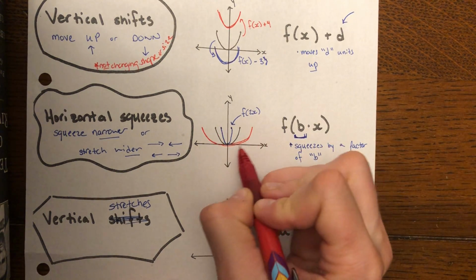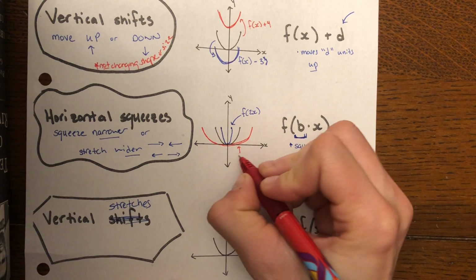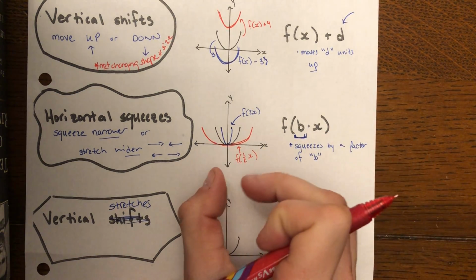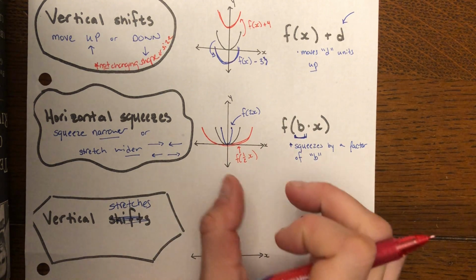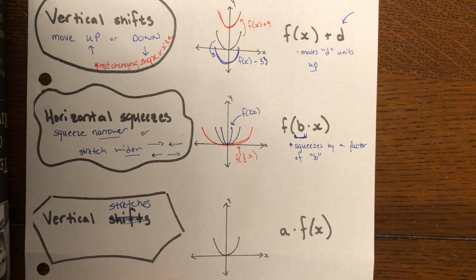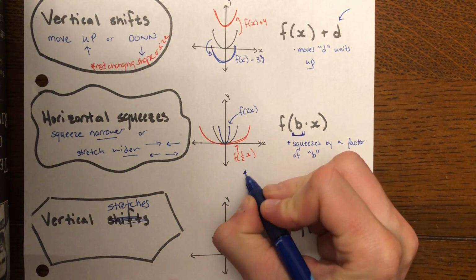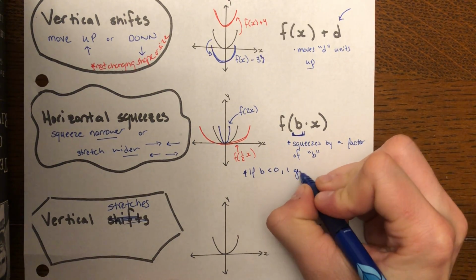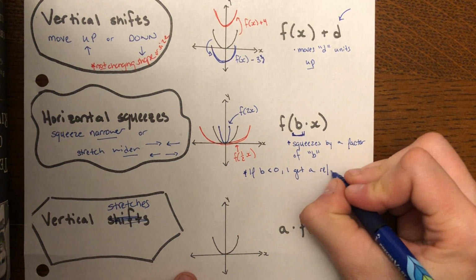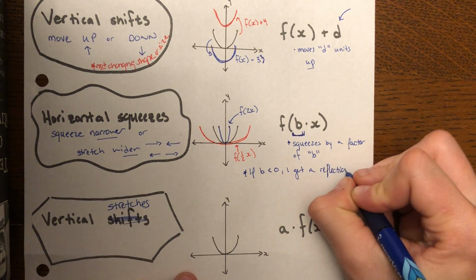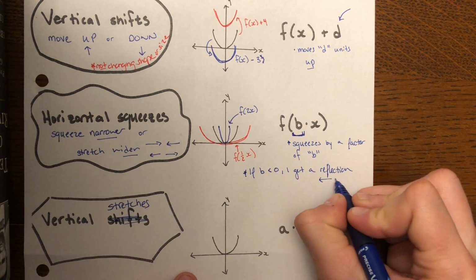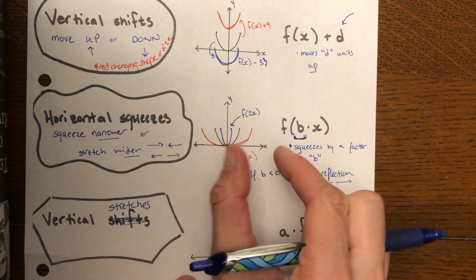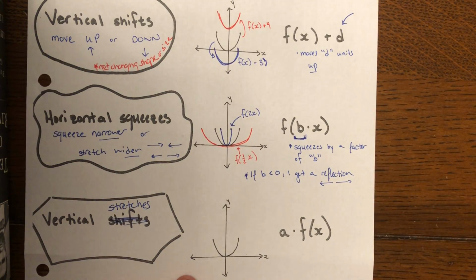And this one out here might be more like f of 1/2 x, because I'm stretching it, so it's going to be the opposite. One note I'm going to make here is that if b is less than 0, I get a reflection this way. So if I've essentially squeezed it all the way through, I'm going to reverse my graph and end up with a reflection.